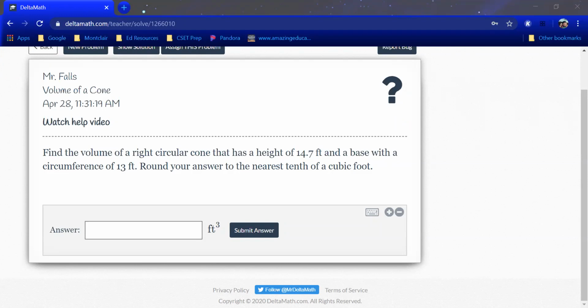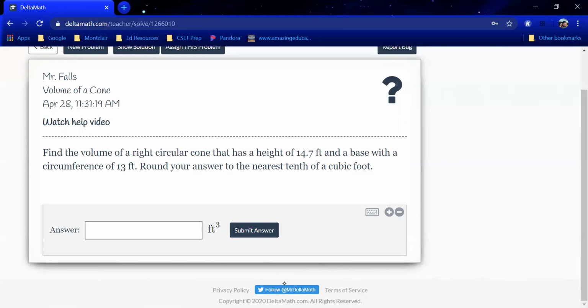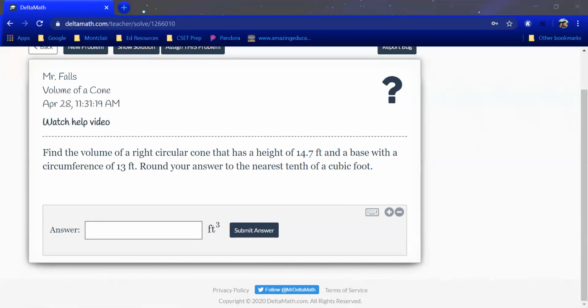I just want to make sure I got the details right. It said height 14.7, circumference of 13. Okay, how do we find the volume of this guy?